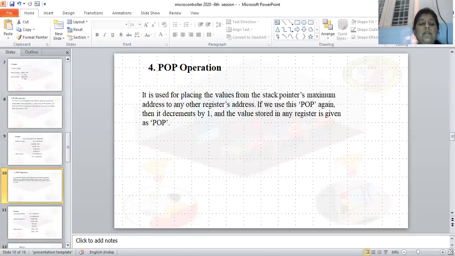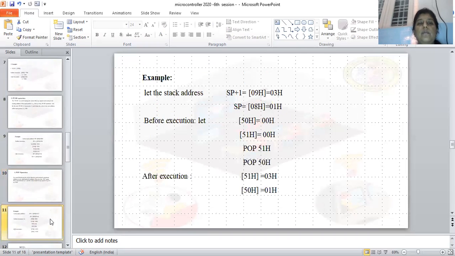Consider an example. Let the stack address 09H be equal to 03H, and the stack pointer SP be equal to 09H, and 08H be equal to 01H. Before execution, consider that the 50H memory location contains 00H and the 51H memory location contains 00H.